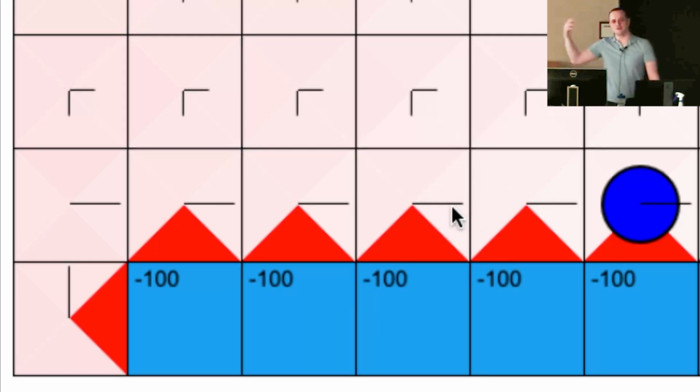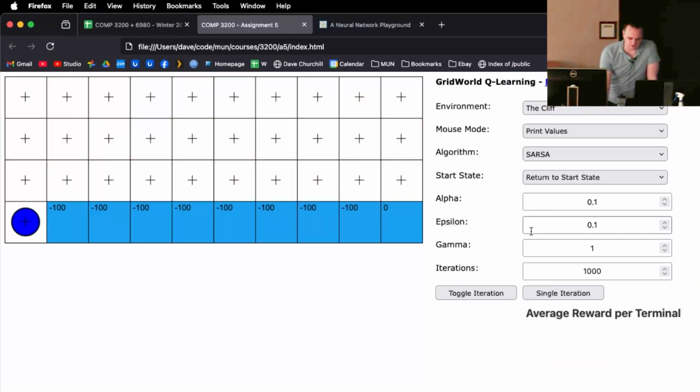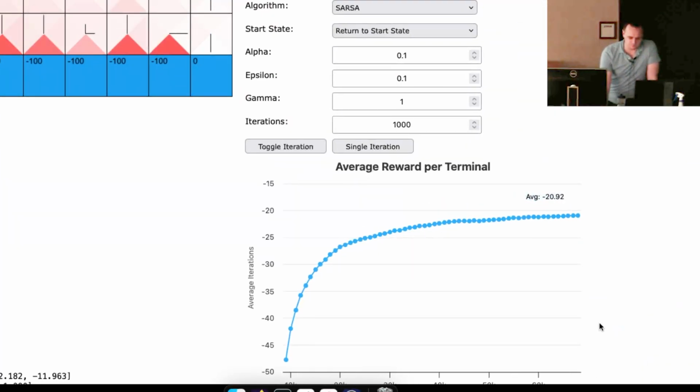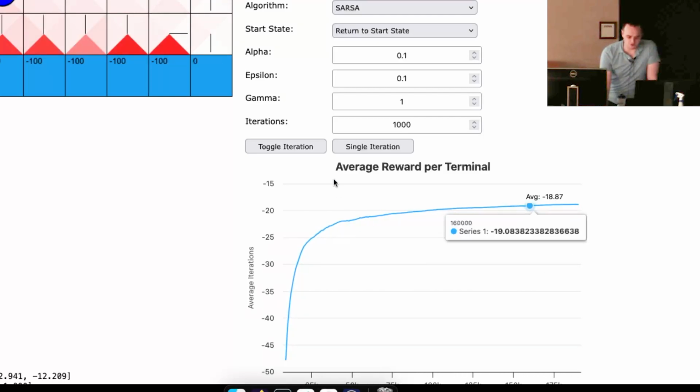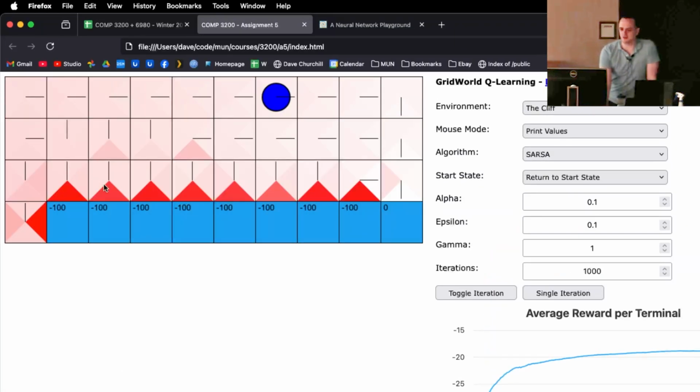So during training, let's have a look at what SARSA does. If we go to SARSA and toggle iteration, instead of negative 32, SARSA actually does better. It gets more reward per episode during training. But if we look over here, the policy is obviously worse.